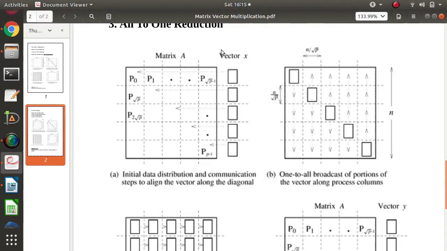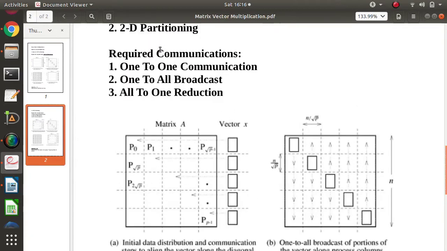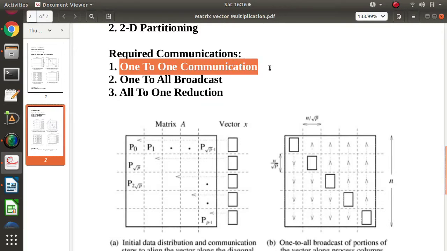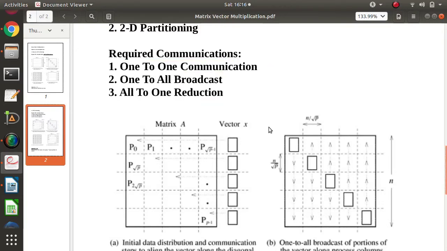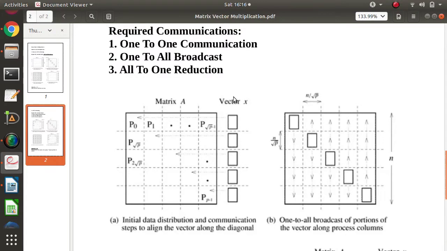Now, to multiply these, since we are using multiple processes, this computation will be done in parallel. How will it be done? The first step is one to one communication. What do we mean by one to one communication? I have already told you that these vector values are held by these processes.